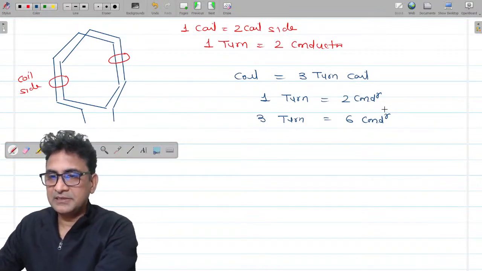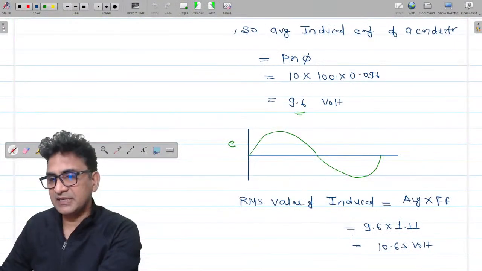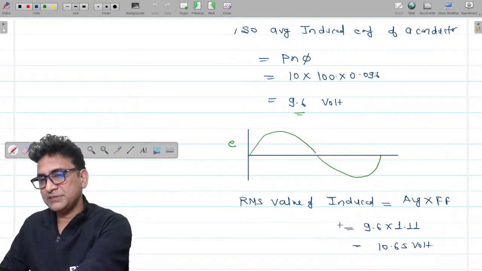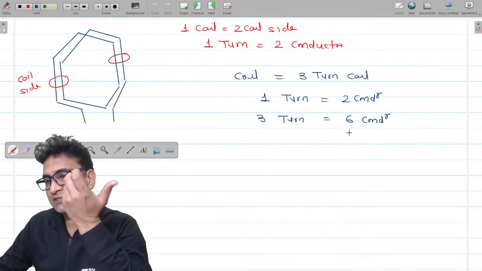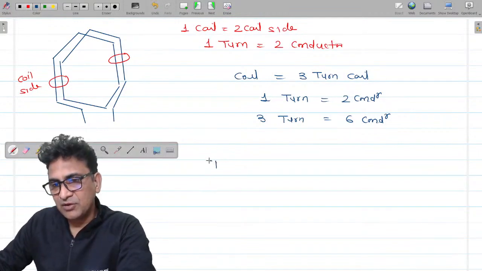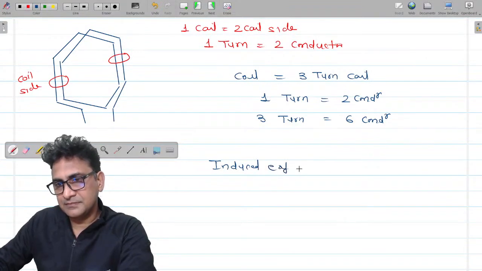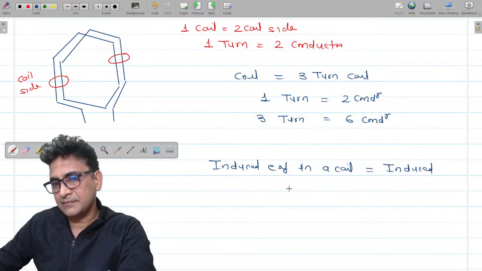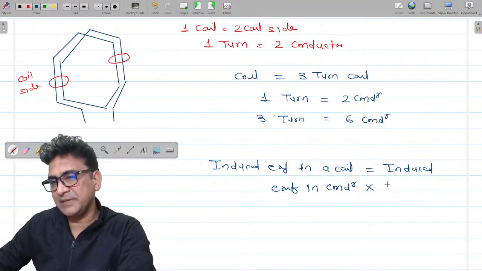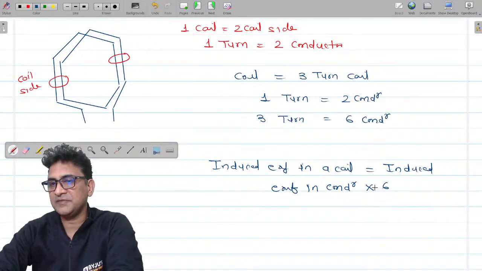And in the earlier question, we just found the induced EMF in a single conductor. If you know the induced EMF in a single conductor and the coil has 6 conductors, multiply it by 6, and you will get the induced EMF in a coil.